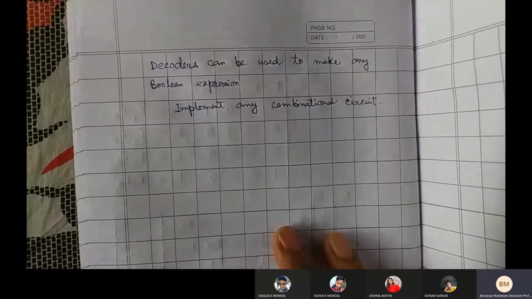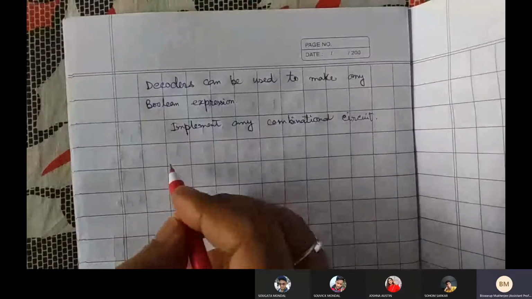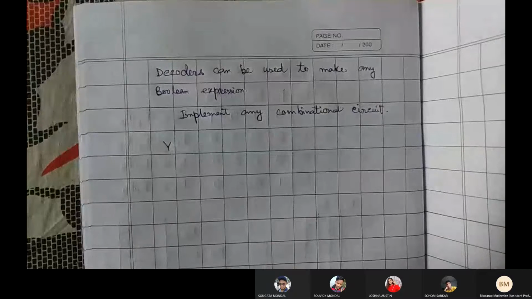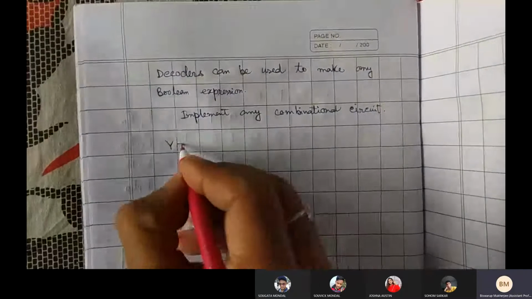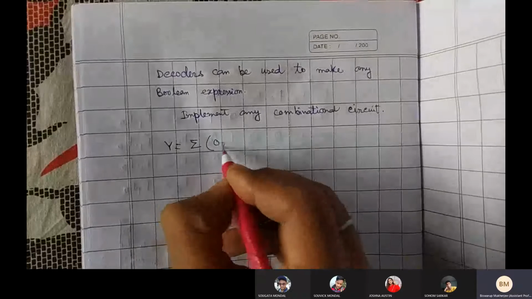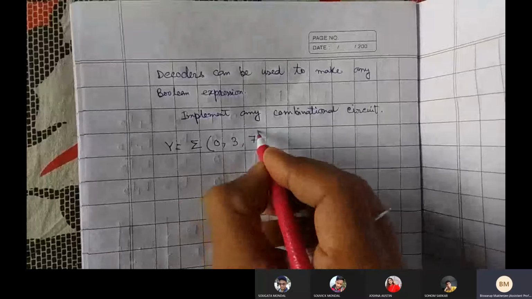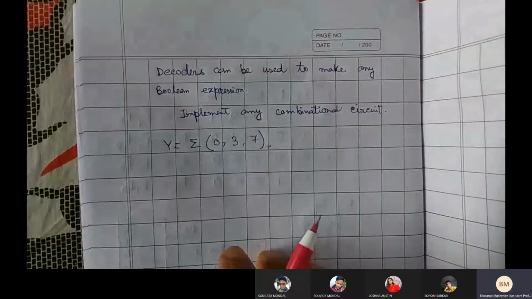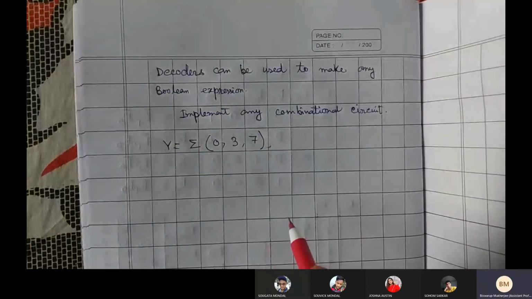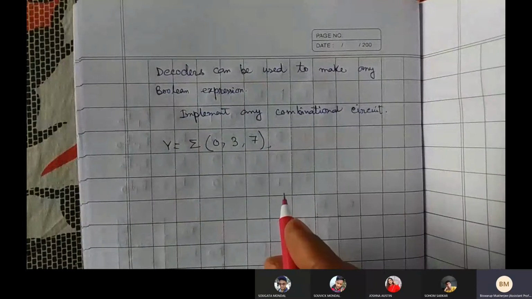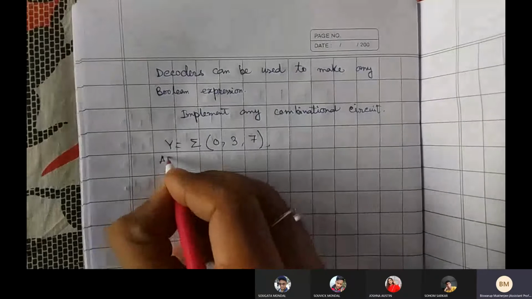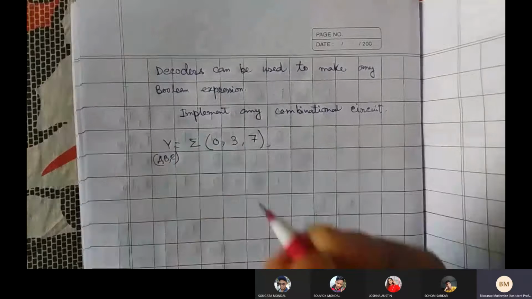Suppose we have one particular y, equal to summation of maybe 0, 3 and 7, something like this. We want to implement this with the help of a decoder. How can it be possible? Y is a function of a, b, c.